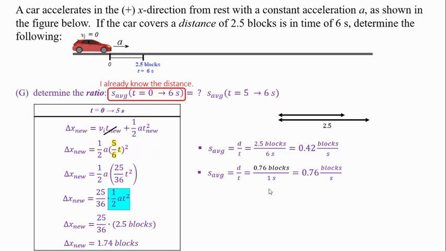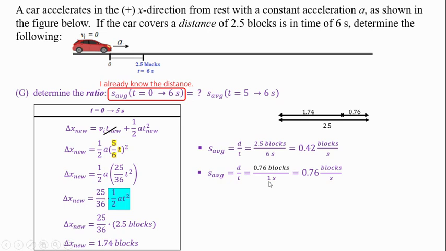We know from 0 to 5 seconds, which I just calculated here in this column, is 1.74. Well, what's the distance from 5 to 6? Well, from 5 to 6 would be the leftover. So I would take 2.5, subtract 1.74. Therefore, the distance covered between 5 to 6 seconds is the difference, which is 0.76. And that's where the 0.76 blocks comes from.